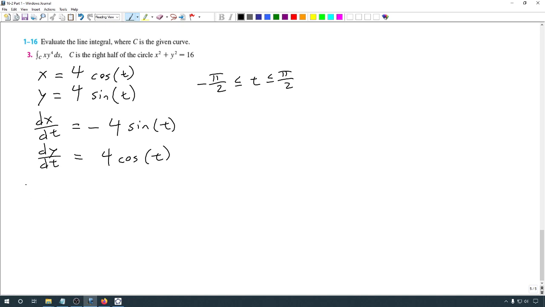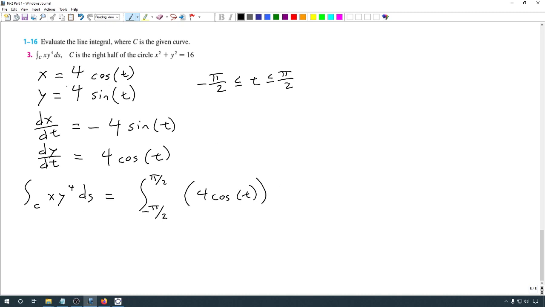That means our integral, we are going from negative pi over 2 to pi over 2. Our x, we're just replacing x here with our formula in terms of t. So 4 cosine t.